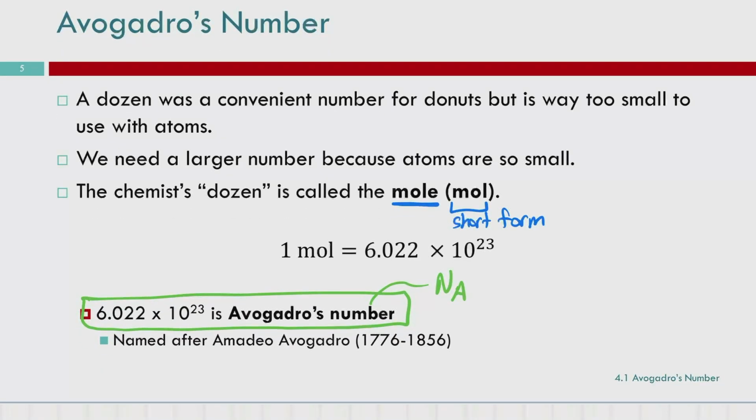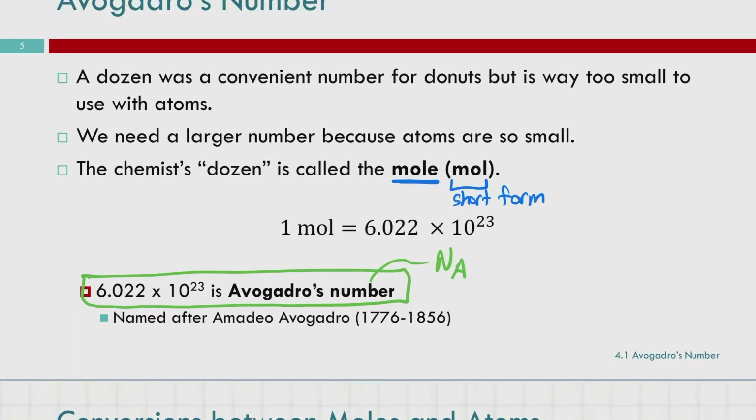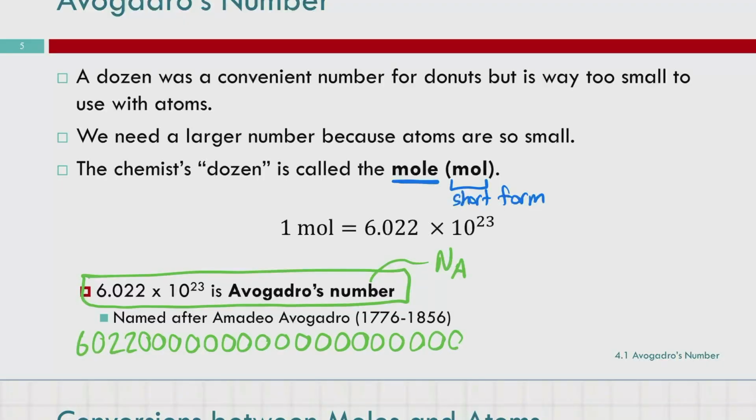And this is part of the reason that we learn scientific notation. Because writing 6.022 times 10 to the 23 is a lot faster than writing this. It's also a lot less confusing because I'm not even sure if I wrote the correct number of zeros.